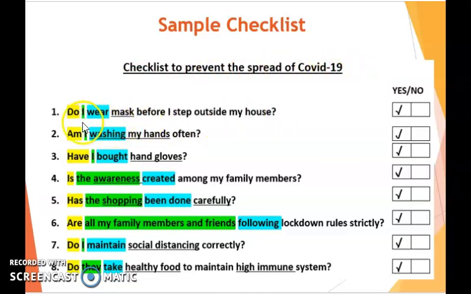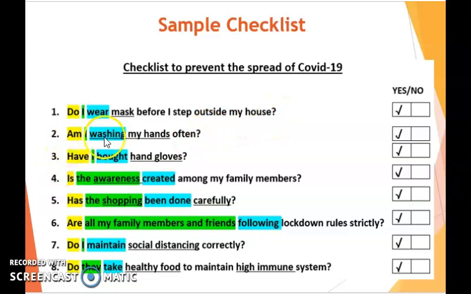Let's have the first number. As I mentioned already about the colors, yellow is auxiliary, green is pronouns and nouns, blue is the main verb that's used, and underlined are keywords. Do I wear a mask before I step outside my house? And question mark. You must use a question mark since it's a yes or no type of question structure.